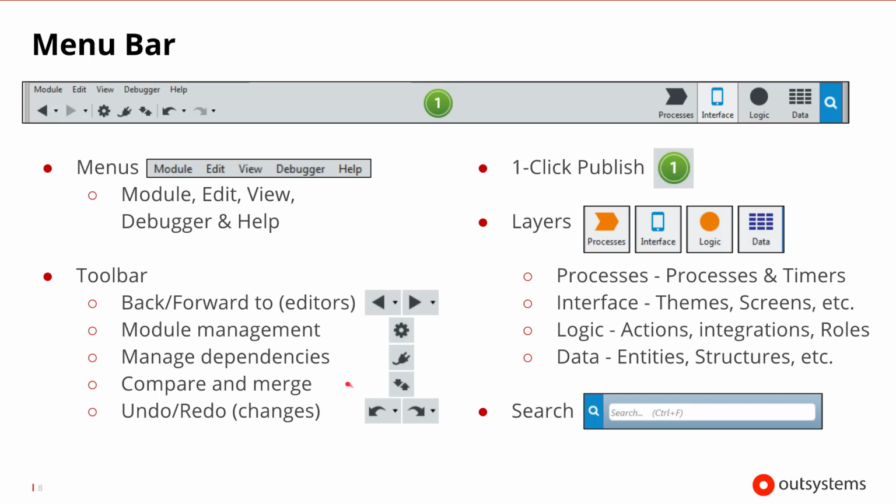We also have the compare and merge so that we can look at different versions of our code and compare and merge when that is necessary. And then we have the curly back and forth arrows, which are the typical undo, redo of whatever the last action that we took was, which is different than just moving back and forth in between the editors. The undo, redo actually undoes the work and the last piece of work that was done.